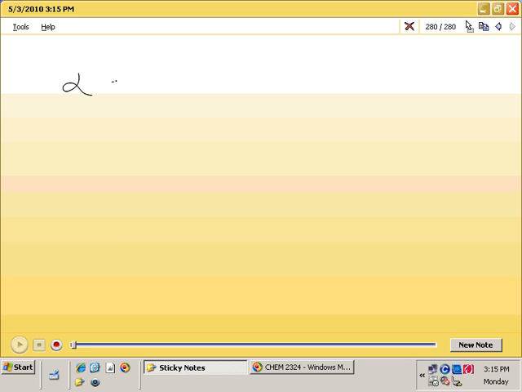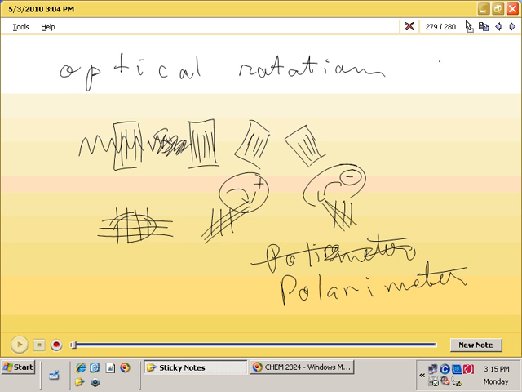Now, how much optical rotation you get actually depends on three factors. One of them is the compound. In other words, there's an intrinsic rotation that a particular asymmetric compound will give you. And remember, you're only doing this measurement on chiral or asymmetric molecules.